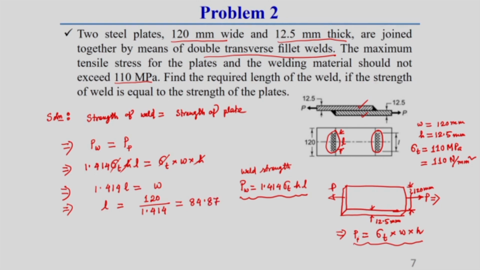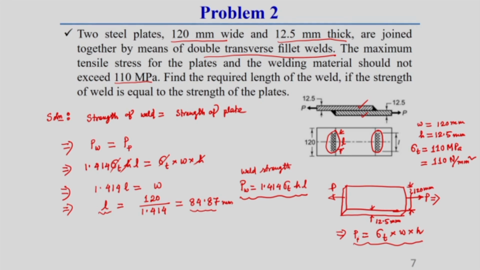So once we apply a length of the transverse weld equal to 84.87 millimeter, the strength of weld will be equal to the strength of the plate.